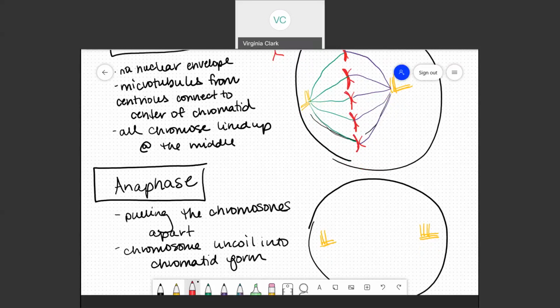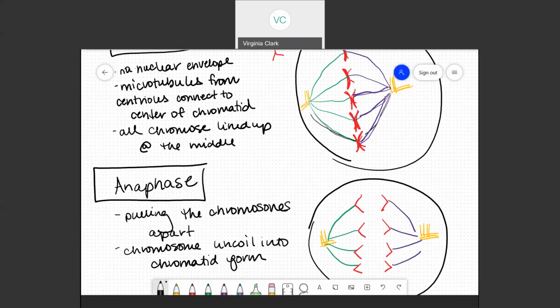So these green microtubules will be pulling, and they will pull the sister chromatid, so they start doing this. Whereas this other side over here, these microtubules are going to be pulling these guys. So they will be pulled and they will start looking like this. You'll notice when this happens that there's going to be a wide space between them. So they'll start to pull apart.